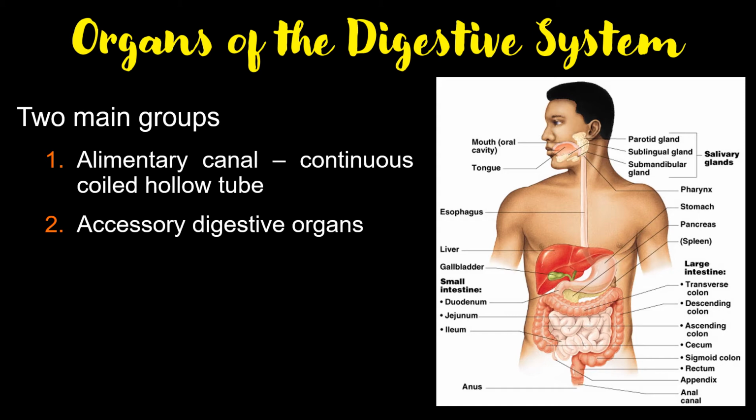This tract is also called the gastrointestinal tract or GI tract. The accessory organs are the salivary glands, liver, gallbladder, and pancreas. The tongue and teeth are accessory structures and assist in ingestion and mechanical digestion.